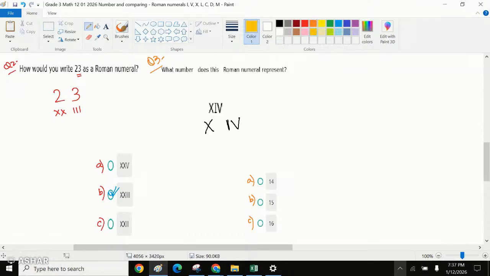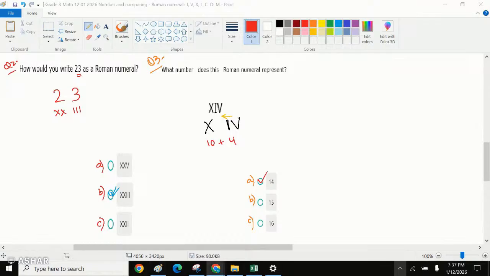Anything that is written before the standard is subtracted, right? Yes. Thank you, Biruk. So we can say that this is 14. This was 10 plus 4.